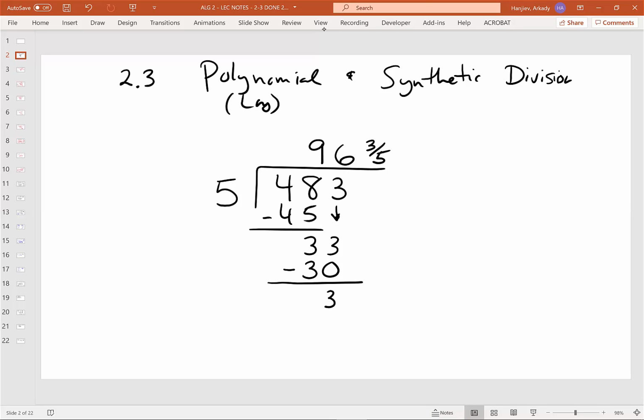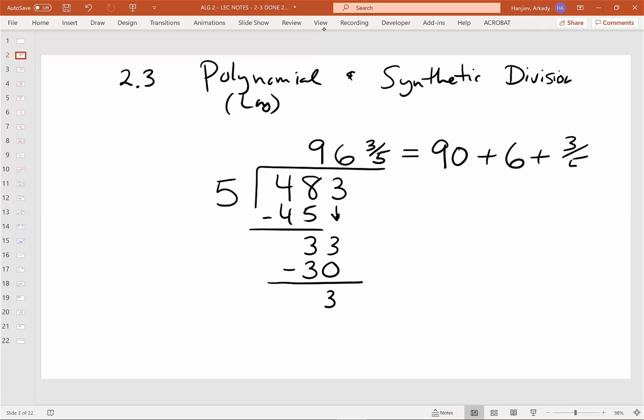That is called polynomial long division. Hold on. That is long division, and it's also polynomial because, let's actually take a look at this. Here, you guys decide with me, yes or no. 96 and 3/5. Is that the same thing as this right here, 90 plus 6 plus 3/5?